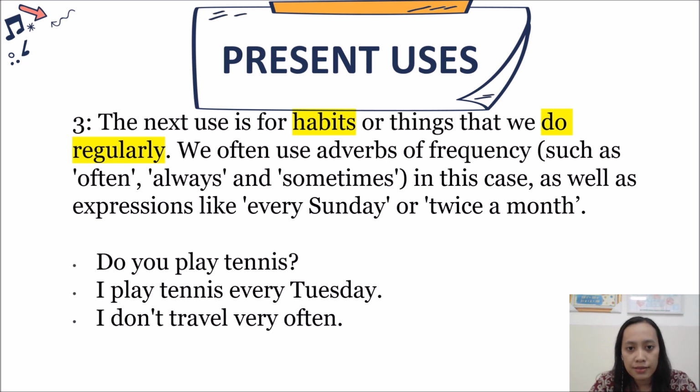Here, these three sentences explain habits that we do regularly. Sometimes we do not find the adverbs of frequency in the sentence, but as long as the sentence has a habit context, a regular context, we may also use simple present in the sentence.